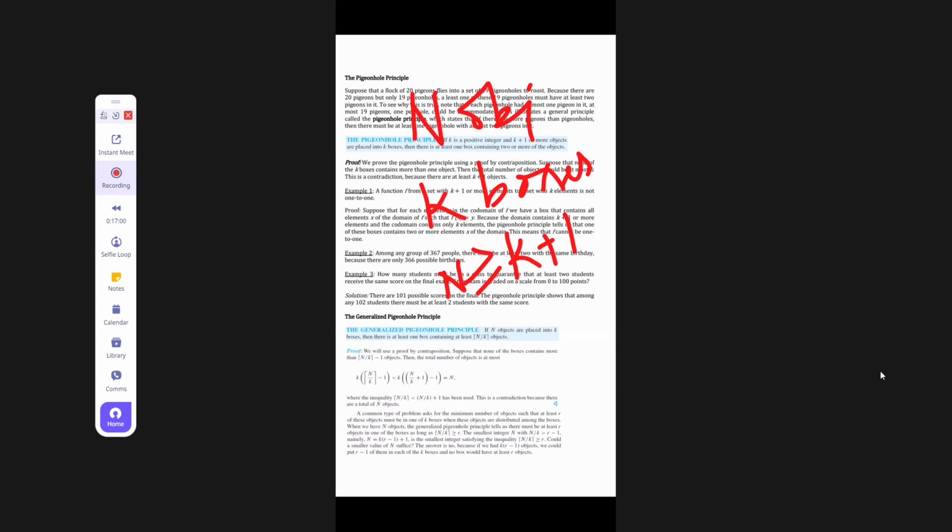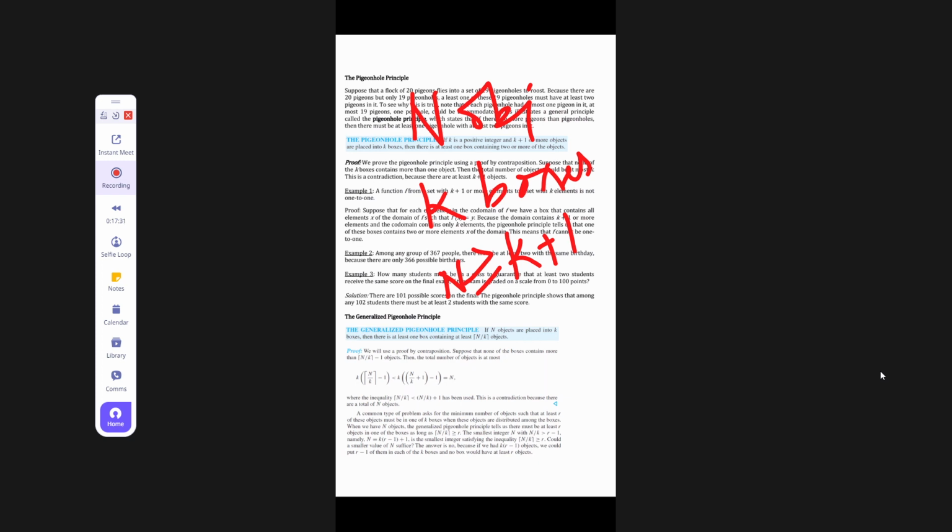There is no restriction that the number of objects can only be k plus 1. That restriction is now removed. The number of objects can be N when N is greater than or equal to k plus 1.